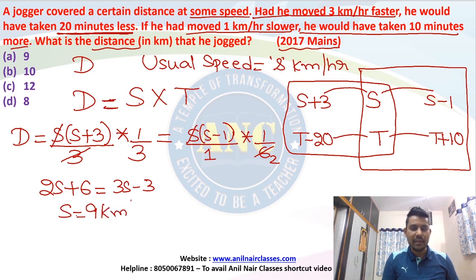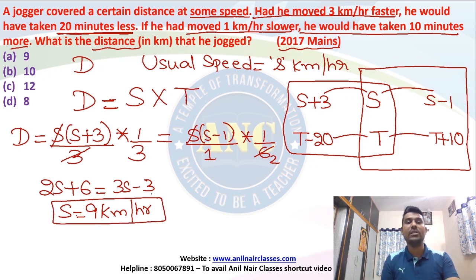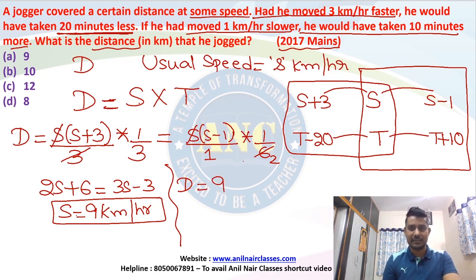So we know the value of S, but they are not asking for the S value, they are asking for the distance. For us to calculate the distance, distance is equal to speed into time. Speed we came to know as 9 kilometers per hour, and for time taken, just substitute in any one of the equations.